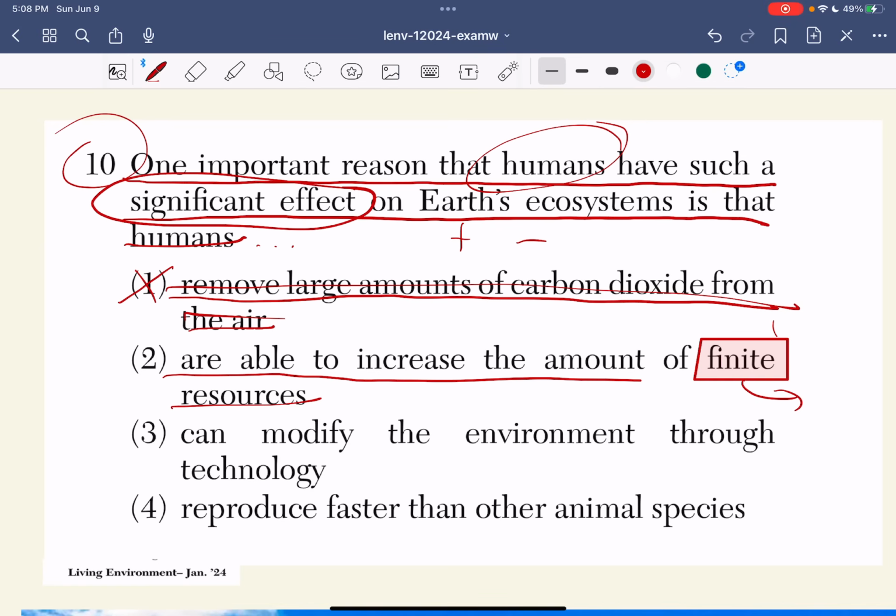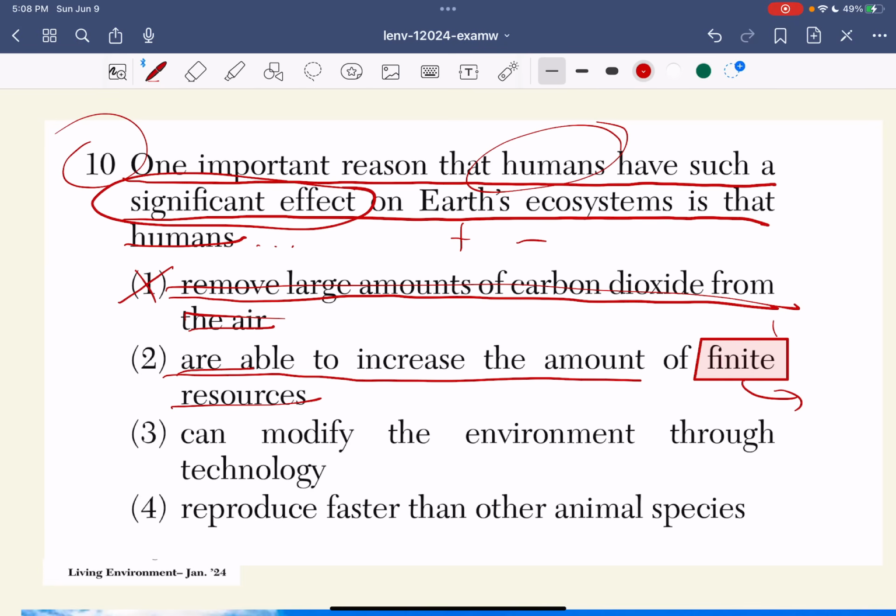Eventually, it's going to run out of its resource. Coal. You go into a cave, you start digging out coal. You keep digging and digging and digging. Eventually, you're not going to have any more coal from that cave. Okay? Finite is a limit, an end to your supply.